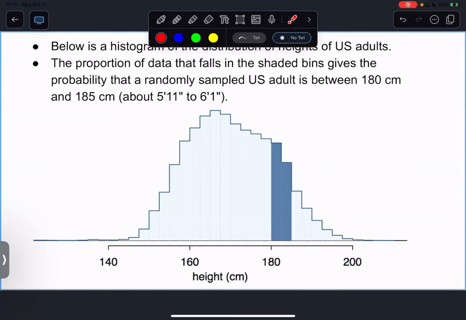Okay, and so I'll jot that down. So probabilities are areas under the curve.